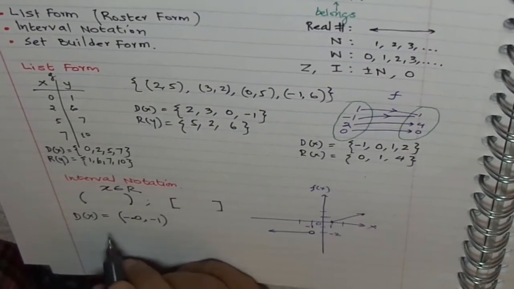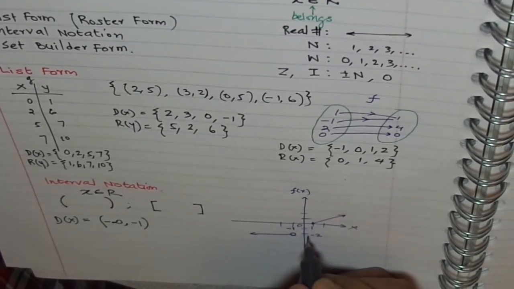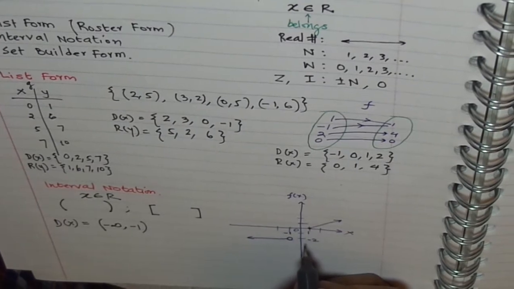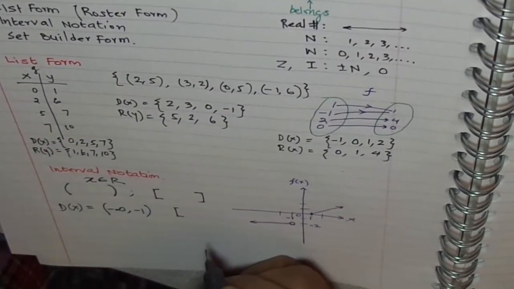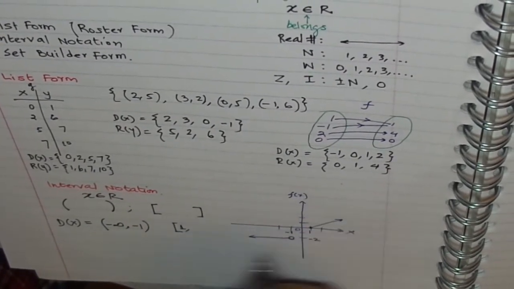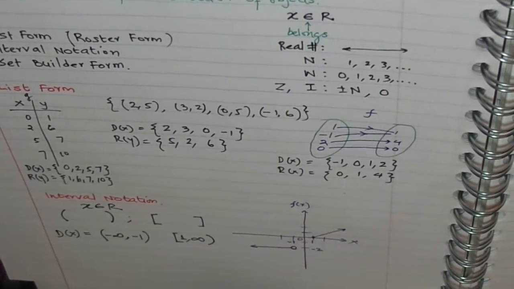Now, our function starts, then there is a break in between, then starts again from 1 onwards. Point 1 is included, correct? So that inclusion will be shown by a square bracket, right? Including 1 and then going forever. That means infinity, and you cannot go to infinity, correct?